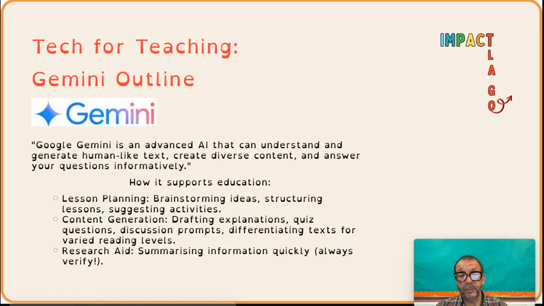So how does this support education? Well, it can help with lesson planning, brainstorming ideas, structuring lessons, and suggesting activities. It can do content generation, it can draft explanations, quiz questions, discussion prompts, differentiating texts for varied reading levels, and it can also be used for research, so summarising information quickly, but always verify that.